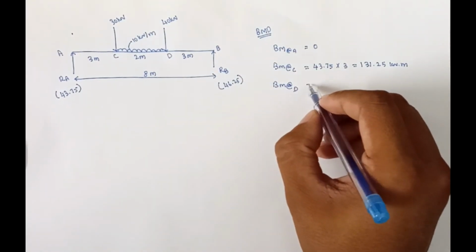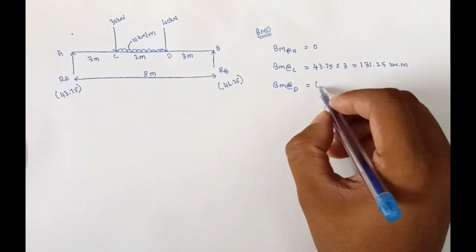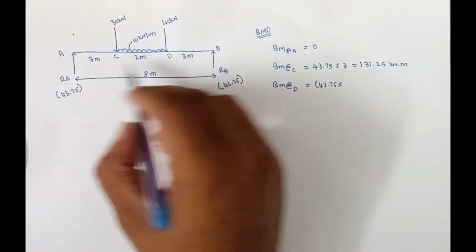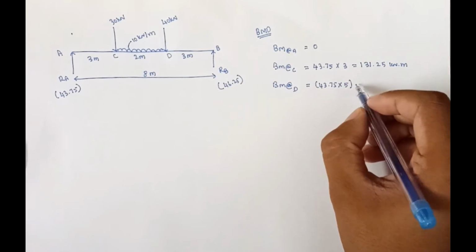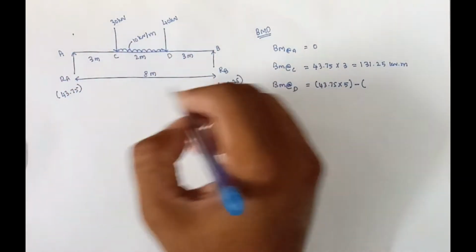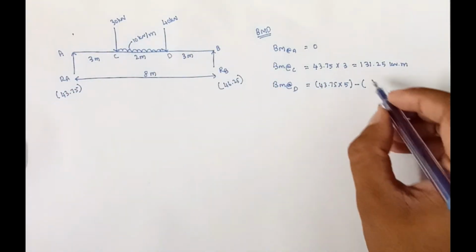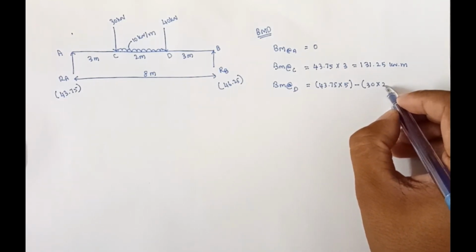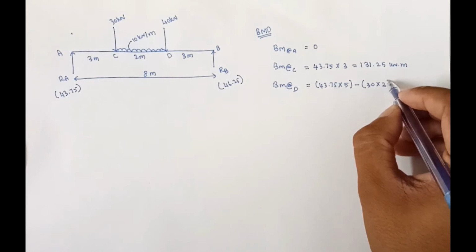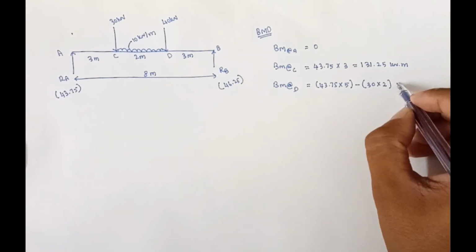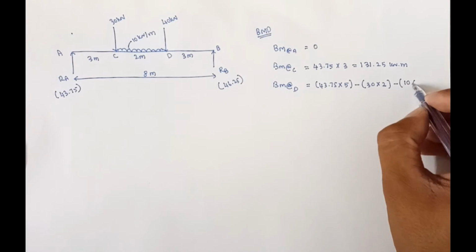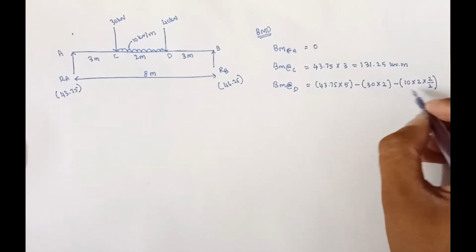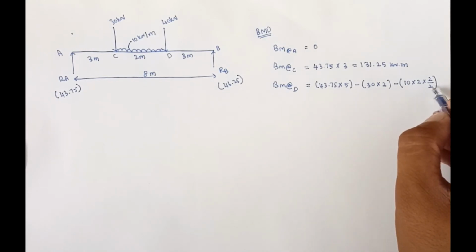Then bending moment at D, we have 43.75 into the distance to D, total 5, minus, since this is positive and these forces are negative, 30 into 2 meter, and again minus 10 into 2 meter into 2 divided by 2, because load into distance by 2.